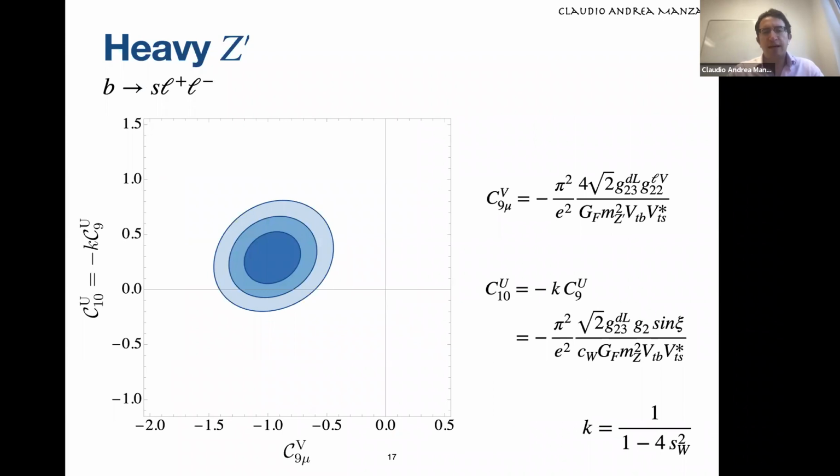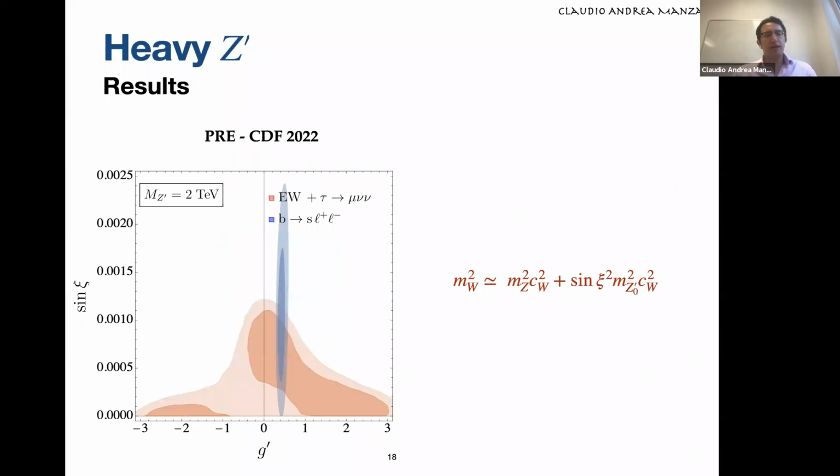So we look at the B to s ll. Here, as we said in the introduction, we have a lepton flavor violating effect in C9, and this is proportional to the coupling to muon, and a flavor universal effect in C10 and C9, which is proportional to the mixing angle.